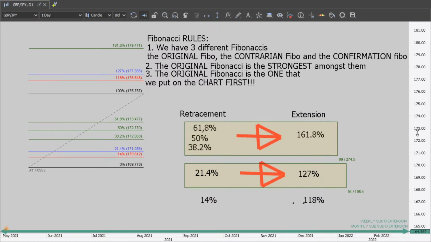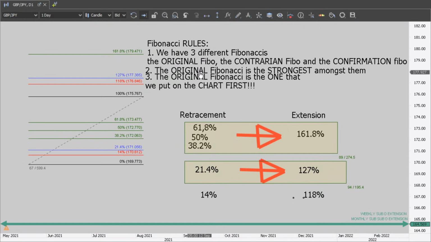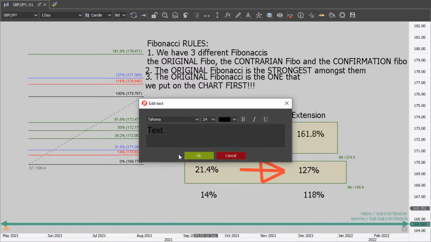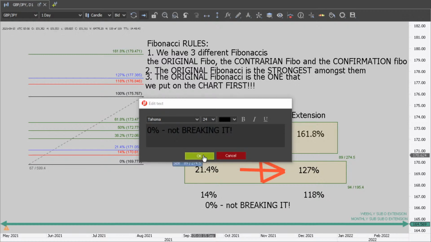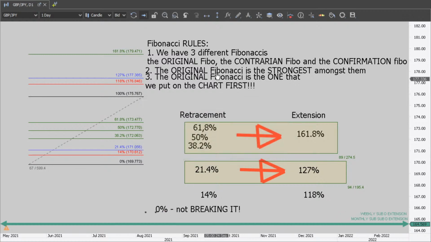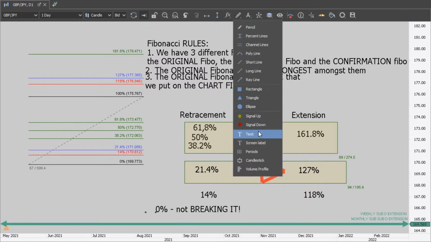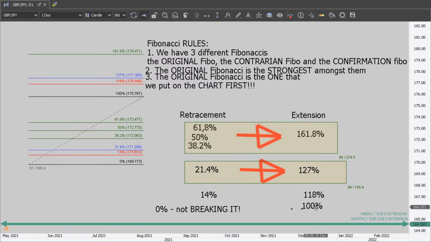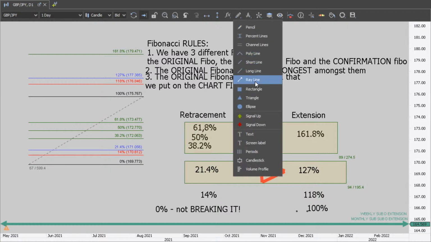Okay, and lastly, if it goes to 0%, but it should not break it, it's a rule, then the appropriate extension is going to be 100. Okay, 100.